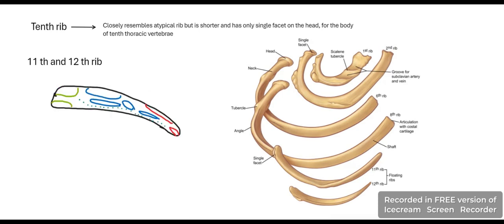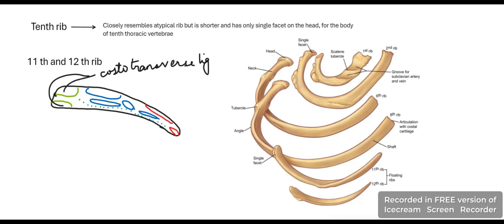Now we would see the following attachments on the outer surface. On the middle half, there is the costotransverse ligament, and the lumbocostal ligament is attached.